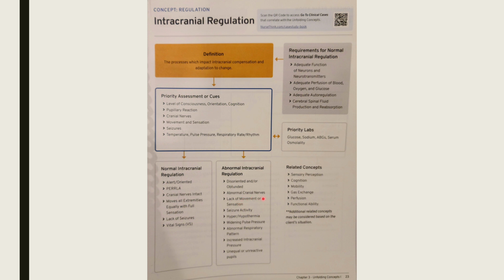If there's edema or that swelling that's building up, or blood, it's going to be pressing down on those nerves. It makes sense how a lot of these affect that. Seizure activity, hyper or hypothermia, especially with that hypothalamus that regulates a lot of your hormones, you know, how to maintain that homeostasis in your body.